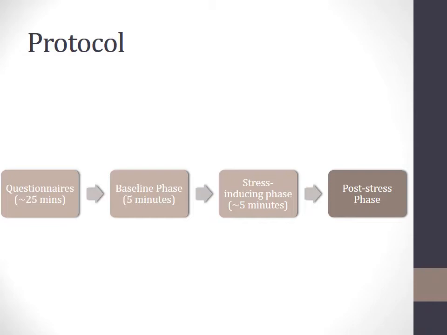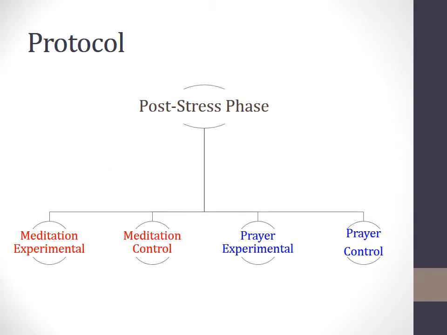So after the stress-inducing task, there was a post-stress phase where a variety of the interventions were used to try and calm people back down. There were 4 different forms of stress reduction assistance involving mindfulness and prayer, and a control procedure that was a description of mindfulness rather than a mindfulness session itself, and a description of prayer instead of actually listening to a prayer recitation.